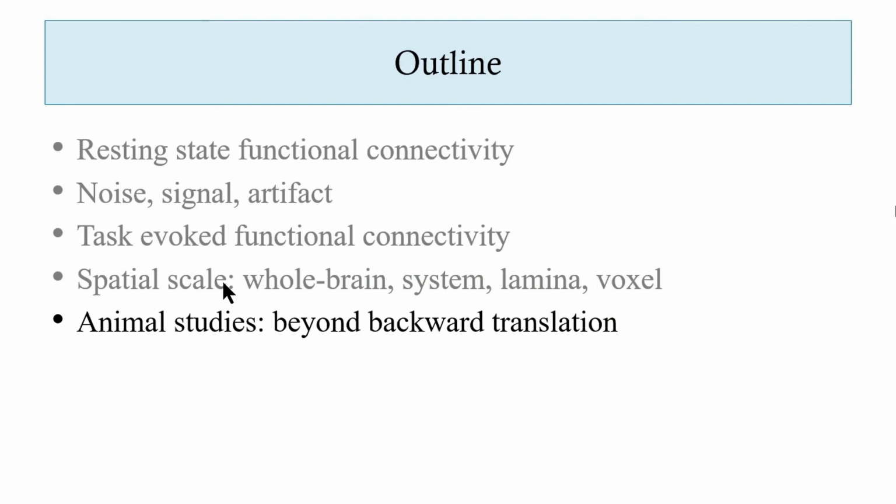Lastly, according to the last slide, we also know that to understand the pattern of functional connectivity we are looking at, we sometimes should go to the animals instead of looking at humans alone.